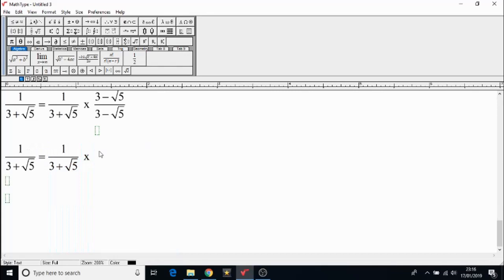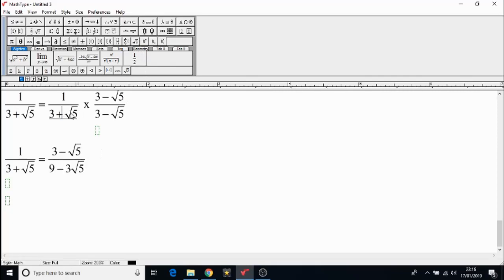So let's carry this out. 3 minus root 5. We're going to multiply this 3 by everything in this bracket. So 3 multiplied by 3 is 9. 3 multiplied by minus root 5 is minus 3 root 5.